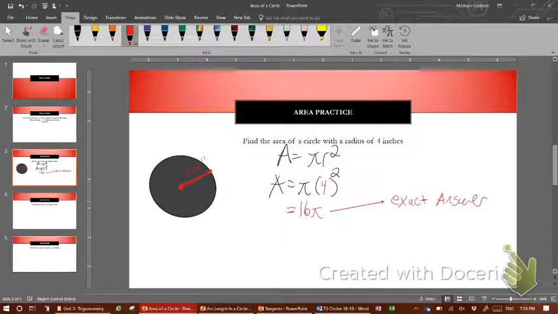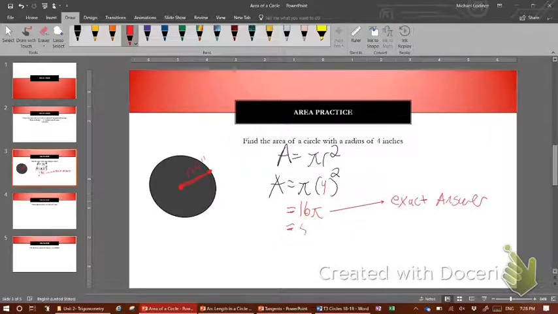Of course, we do know that pi can be approximated by 3.14159, etc. We don't actually know what it is because we don't know where it stops. So that's the first answer. You'll see this most often. It'll say, give your answer in terms of pi, which is another way to say this, in addition to giving the exact answer. The other method, of course, is to actually approximate pi on your calculator and multiply it by 16.